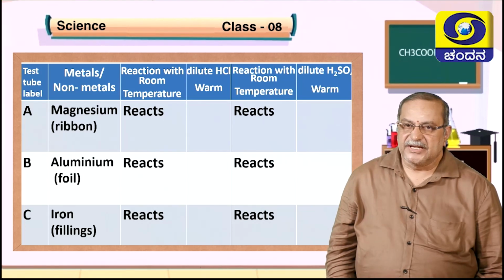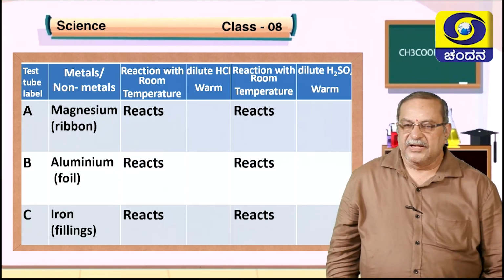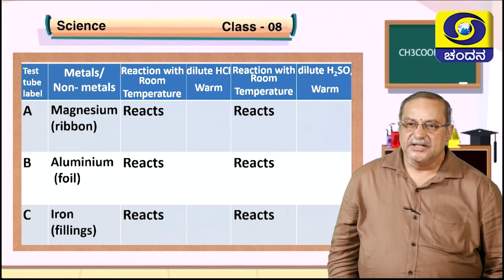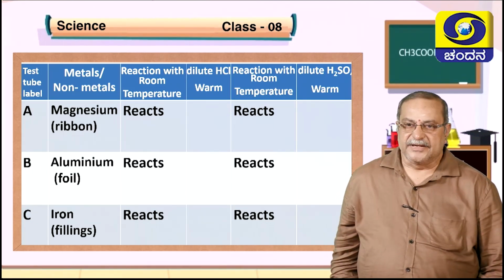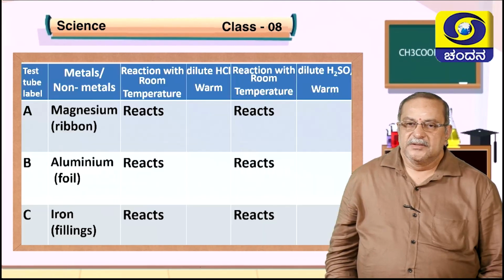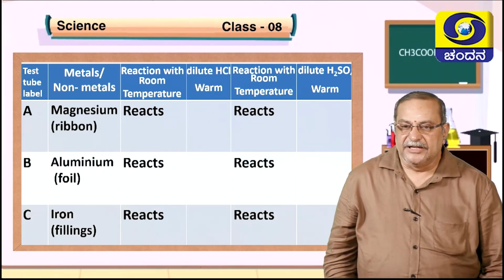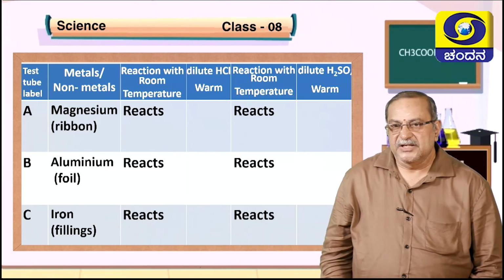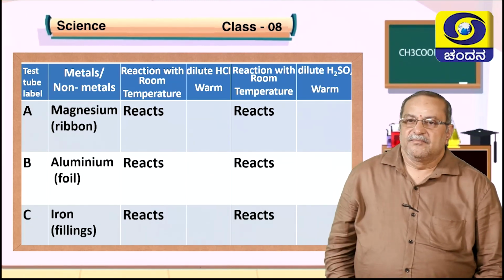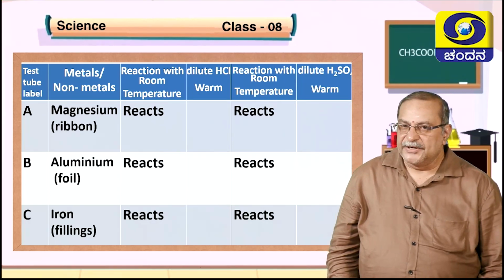Dilute hydrochloric acid, it will react on warming. Reaction at room temperature also, it will react. So when you come to iron filings, at room temperature it will react, and the reaction takes place in dilute hydrochloric acid also.